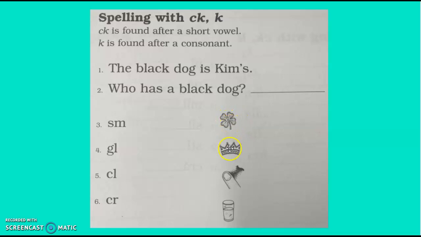Clover, crown, smudge, and glass. Glass, smudge, crown, clover. Number 3, sm. Number 4, gl.